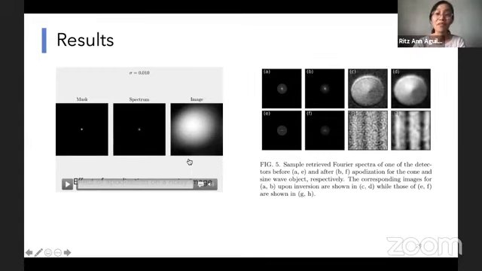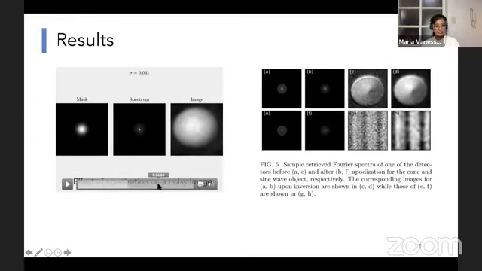So it may not be that good to apply for images with smaller details, but you can actually play with the value of sigma so as not to smoothen out the details that you want for the 2D image. All right. Okay, thank you.